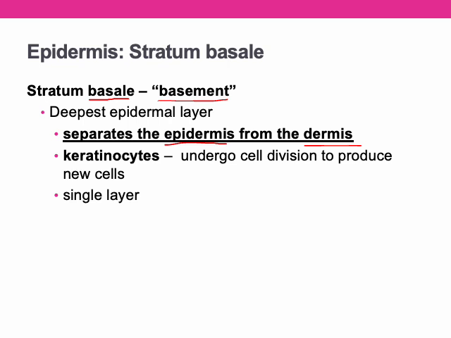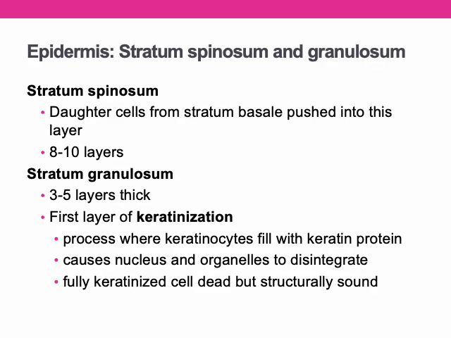And once the keratinocytes are produced, they migrate their way up from the deepest layer, once again, stratum basale, to the most superficial. So in this layer, there is a lot of cell division and turnover. Once cells are produced in stratum basale, they move their way up to stratum spinosum. So stratum spinosum is the layer that contains the daughter cells of stratum basale.